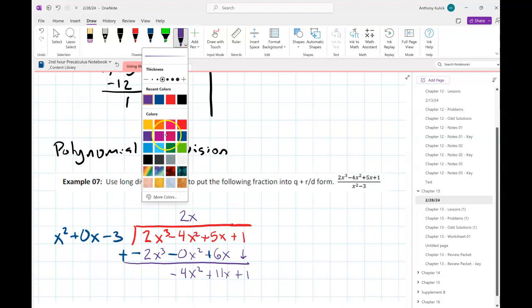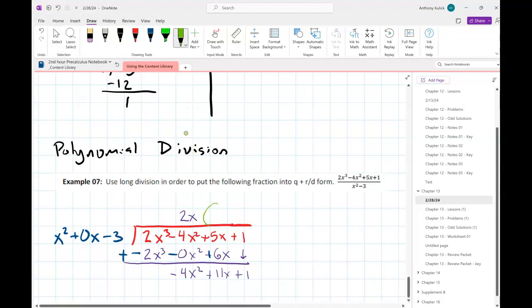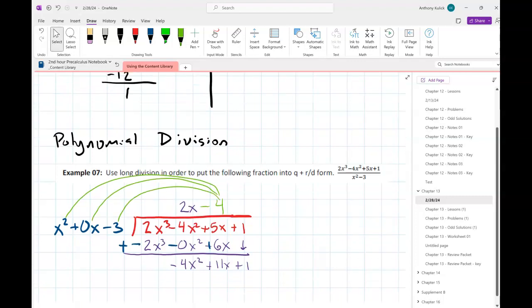And now I'm going to repeat. And I'm going to say, what times x squared gives me negative 4x squared? Close. Negative 4. I'm then going to multiply that to every part of my divisor.